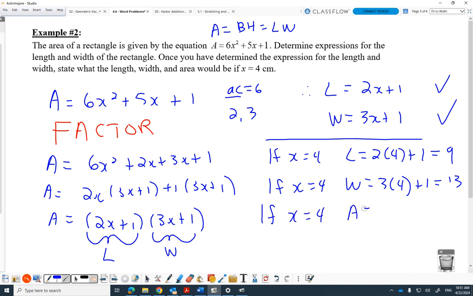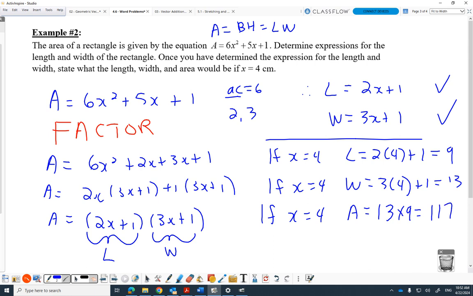Not two different answers, two ways to get the answer. How would you find the area if you knew x was 4? You could just go 9 times 13, couldn't you? You could take the 4, put it in here, and you'd get 9 times 13. Or you could put the 4 in the original equation and multiply that all out. I'll do the obvious one here that she said is just 13 times 9. But again, all that subbing could work. 13 times 9, 90, and 27, 117.